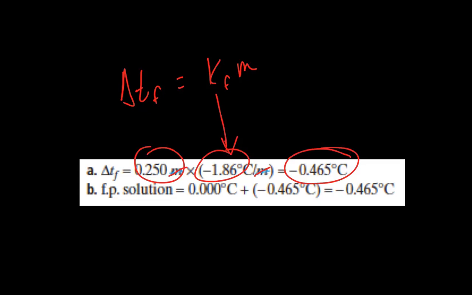So the answer to question A, what is the freezing point depression? It is negative 0.465 degrees C. For question B, what's the new freezing point of the solution? Again, water freezes at 0. So whatever your delta TF is, so is your new freezing point, as long as you're talking about water, which is pretty much what we do anyway.